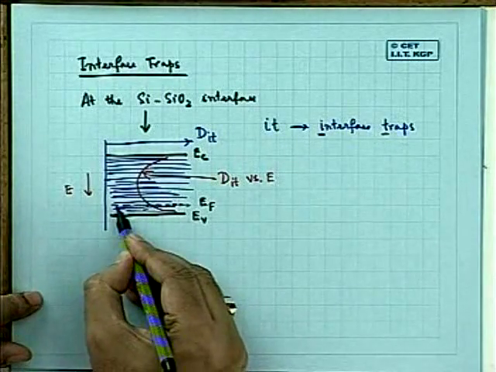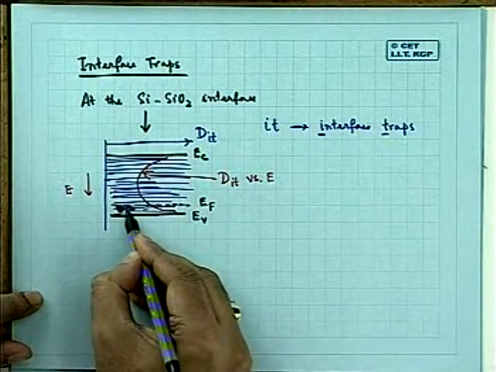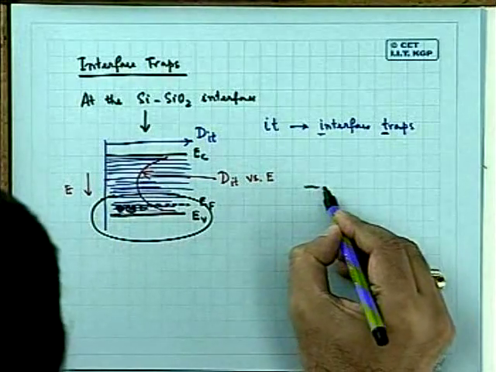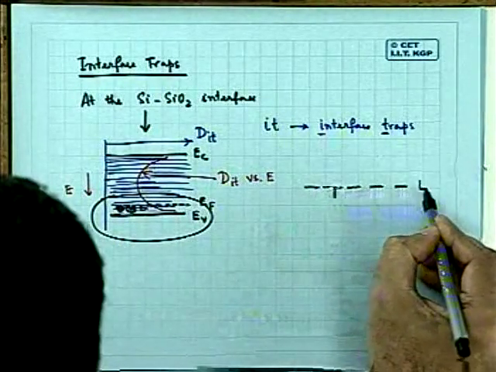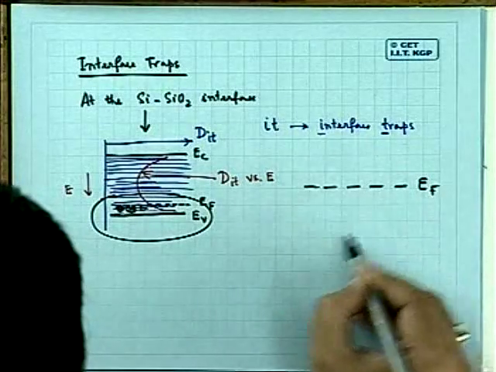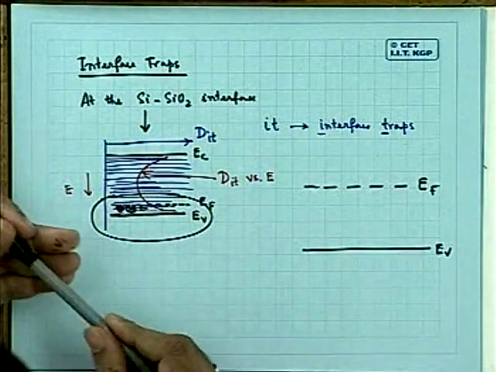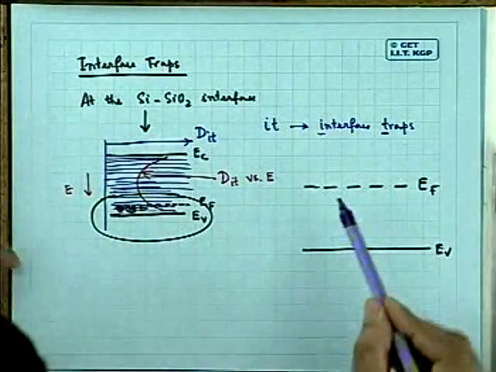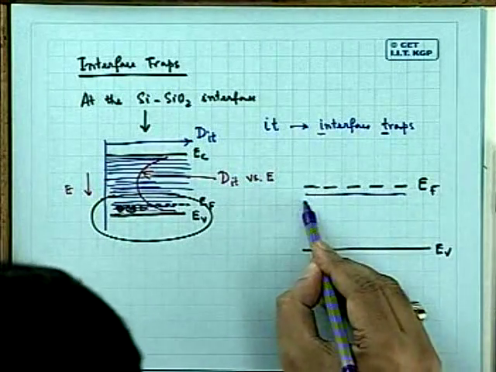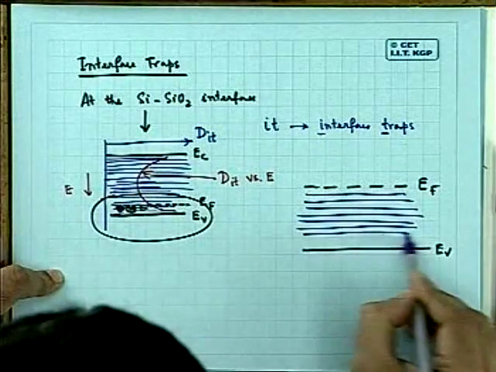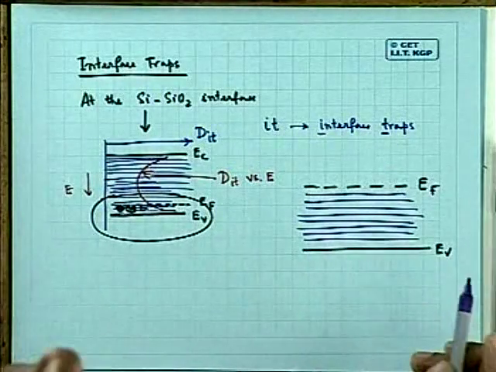So up to this, all the states will be filled up with electrons. Let me magnify this portion now. If this is the Fermi level, and this is your valence band, there will be a lot of electrons occupying these states. Each state can accommodate 2 electrons of opposite spin, as is known to you.